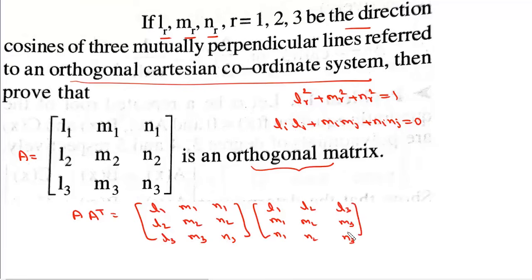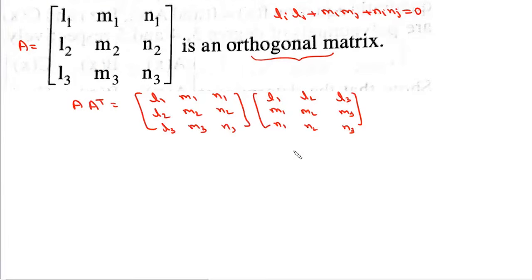Now we multiply them. This is L1 square plus M1 square plus N1 square, and then here will be L1 L2 plus M1 M2 plus N1 N2.